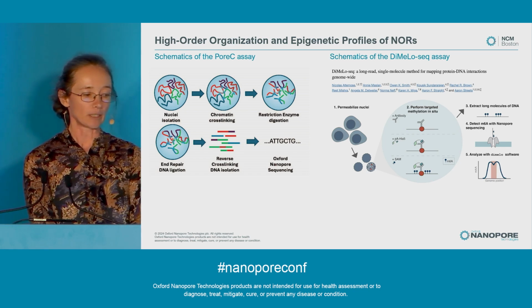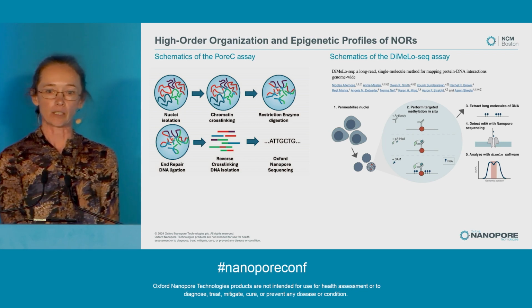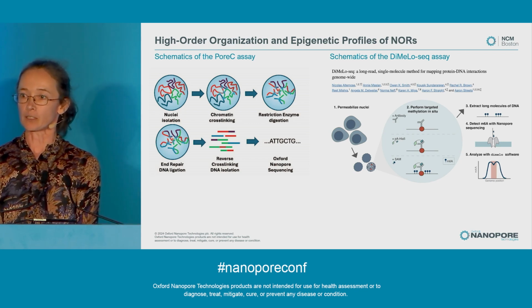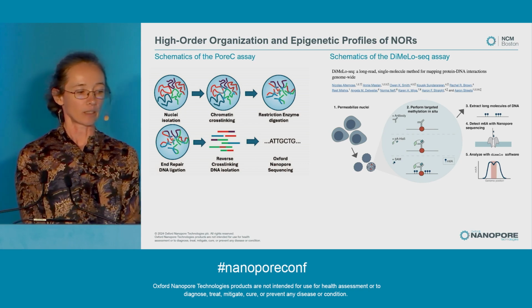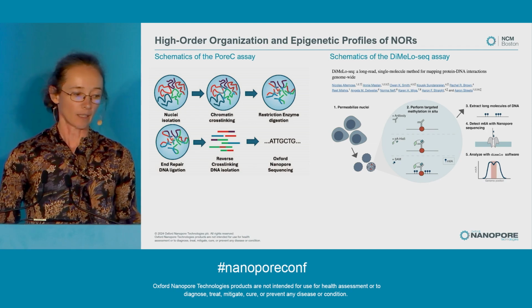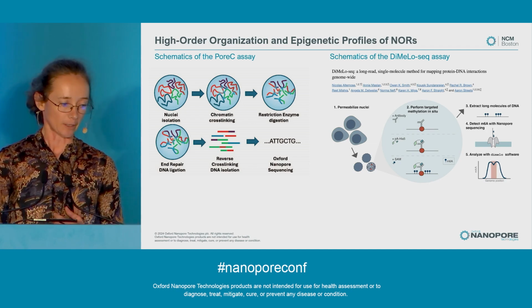It relies on targeting protein A fused to Hia5, which is an adenine methyltransferase, to loci of interest via antibodies, and once it's activated, it can methylate adenines in its proximity. And then you can detect m6A methylation with Oxford Nanopore sequencing.